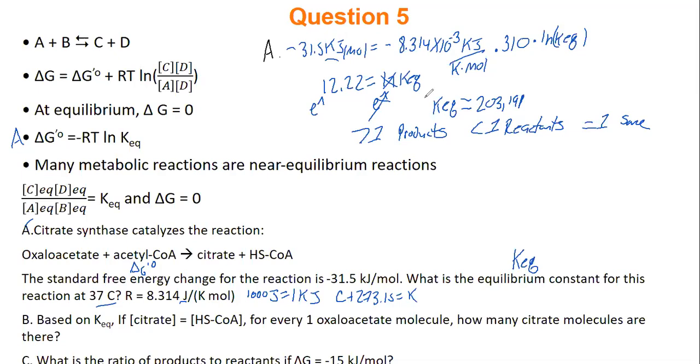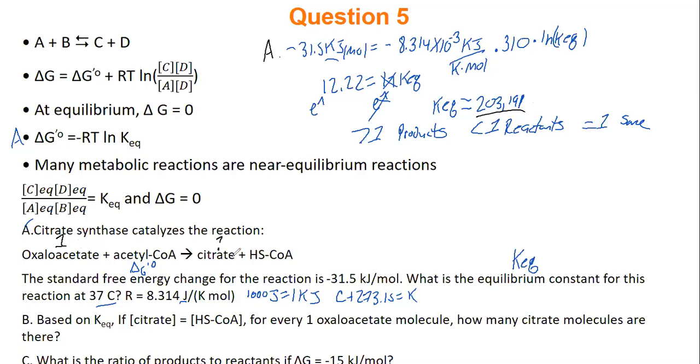All right, so B, what am I even asking? Based on your KEQ number, which we just got, I want to know how many citrate molecules there are for every one oxaloacetate. So the concentration of oxaloacetate is 1, because I'm saying there's one of those. And I want to know how many citrates there are.